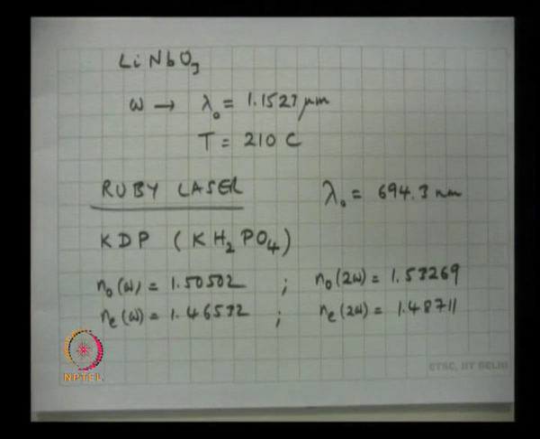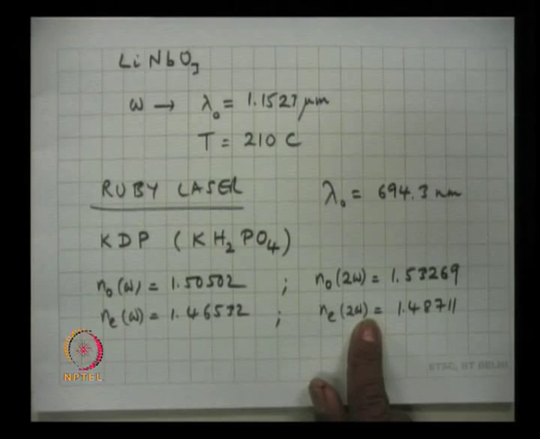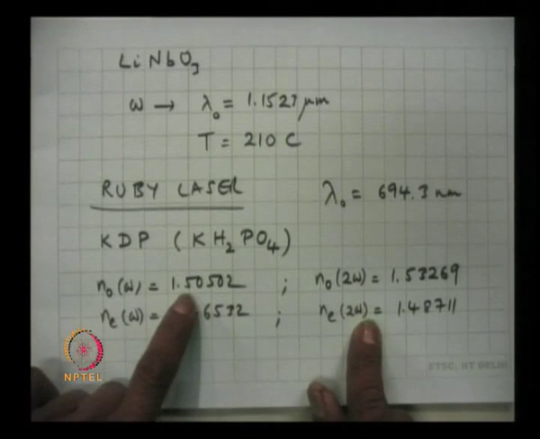Is it possible to achieve birefringence phase matching? The condition we needed was NE of 2 omega must be less than NO of omega. So, I can achieve birefringence phase matching.